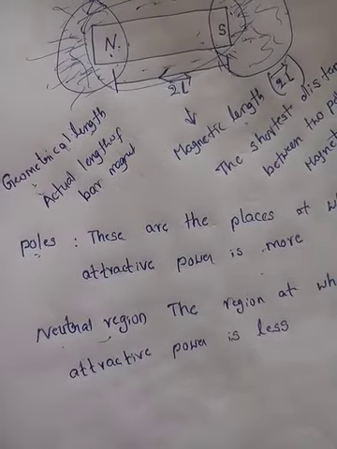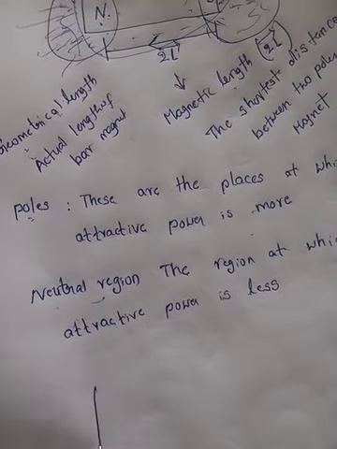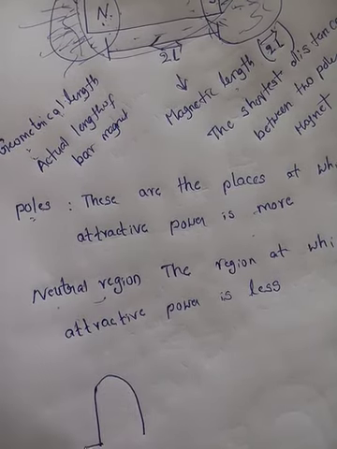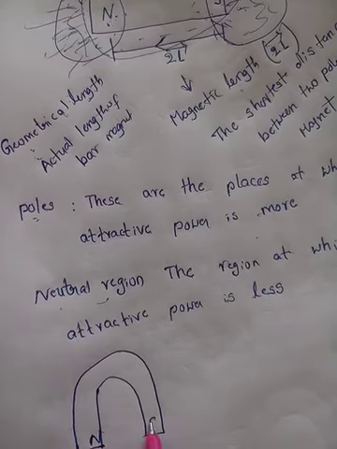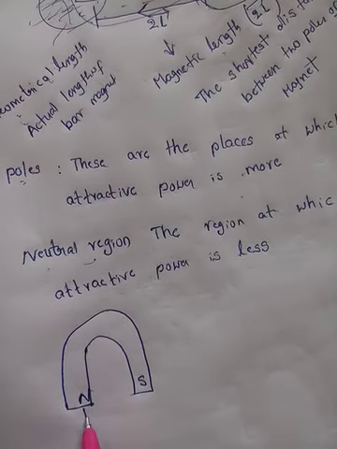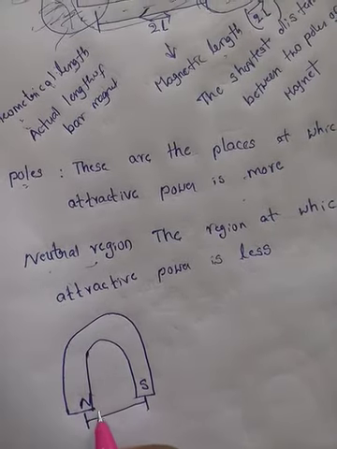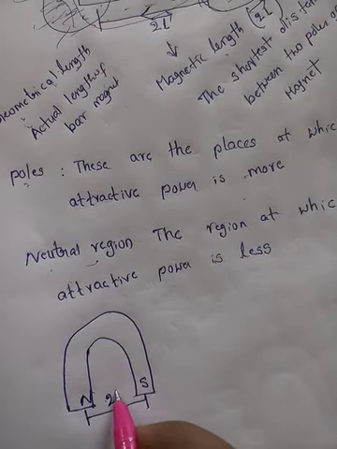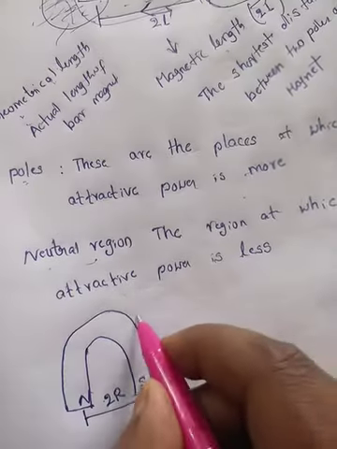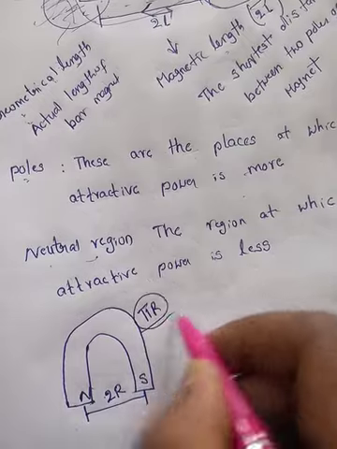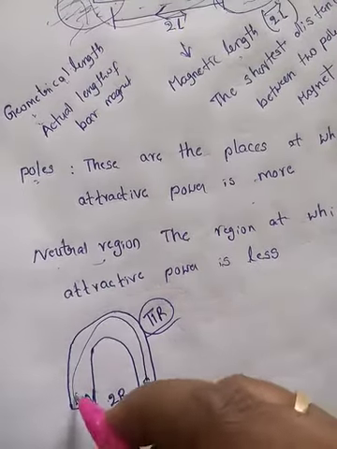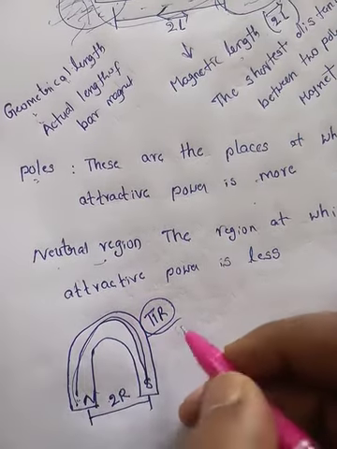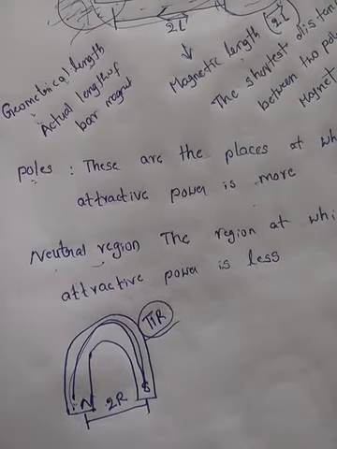You have seen, for example, a horseshoe magnet, here from north to south. This is the shortest distance. Since it is a semicircle, the magnetic length is 2r. The actual length of the magnet is pi r, because we have to consider the actual length, which is the circumference of the semicircle.